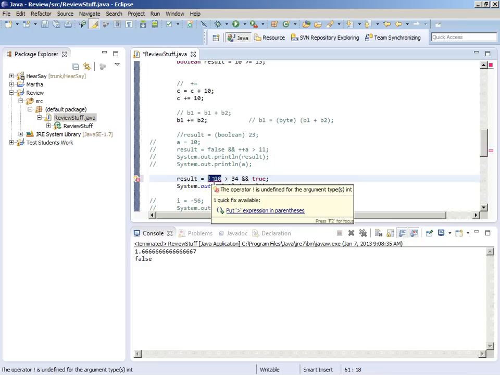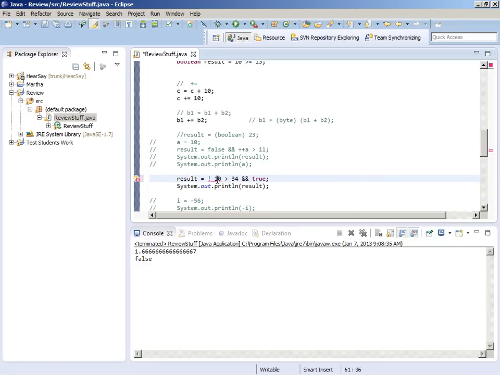The operator not is undefined for the argument type int. So let's force that to happen first with the parentheses. So now 10 is greater than 34. That's false. Not false is true. True and true is true.